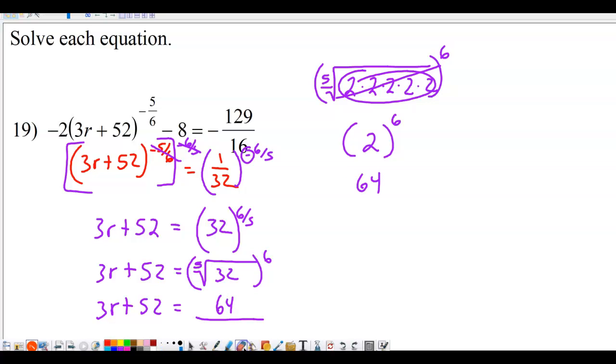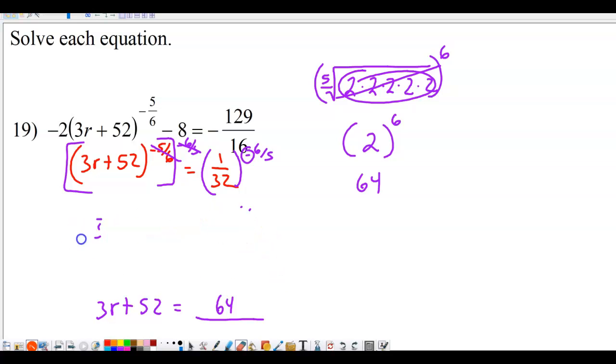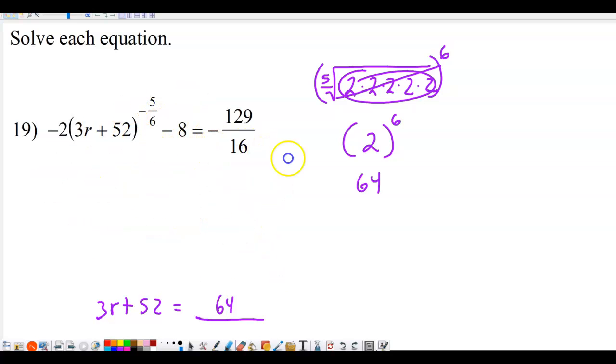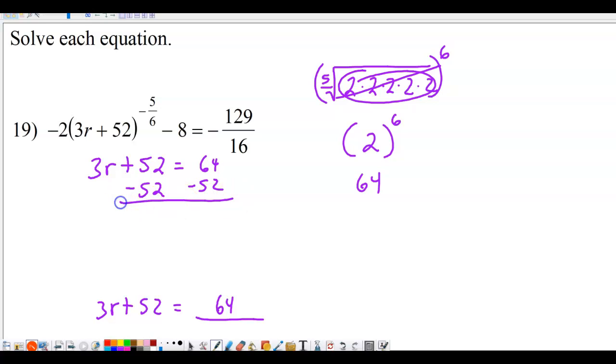We're just going to be subtracting the 52 and dividing by 3. So let's do it. And I end up with 4 as my final answer.